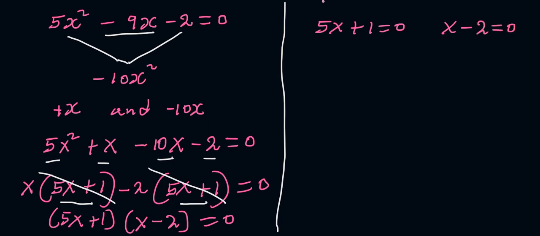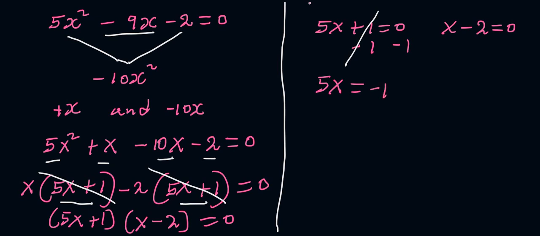We are going to isolate 5x by subtracting 1 from both sides. Plus 1 minus 1 cancels out, and now we are left with just 5x on the left side, and that will be equal to 0 minus 1. That's going to give us negative 1.